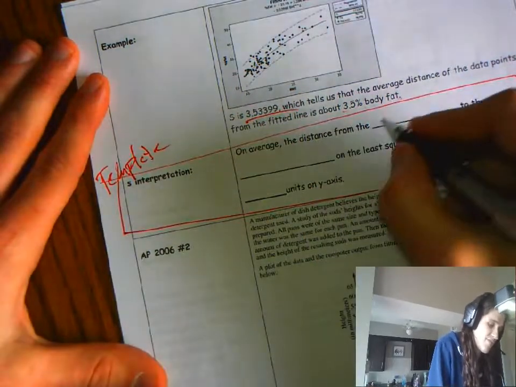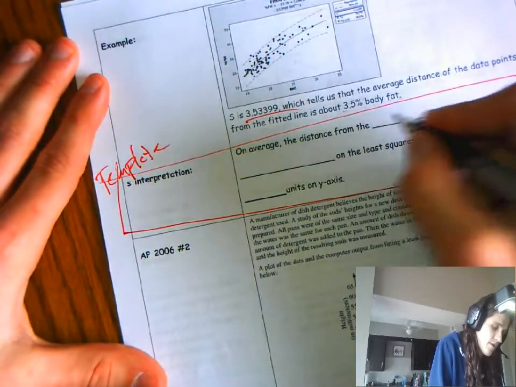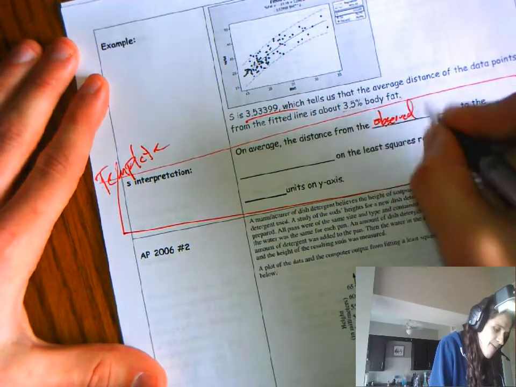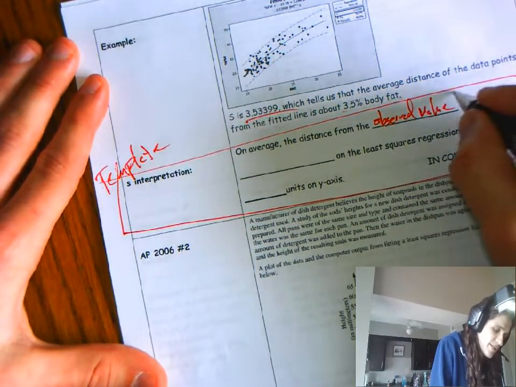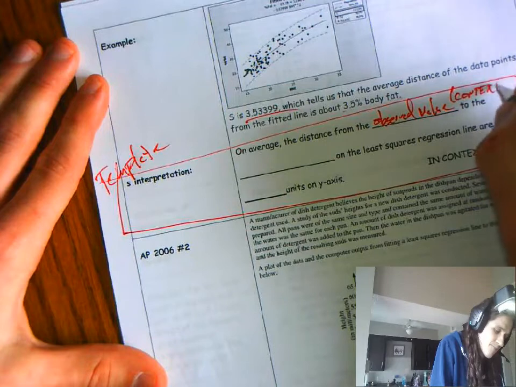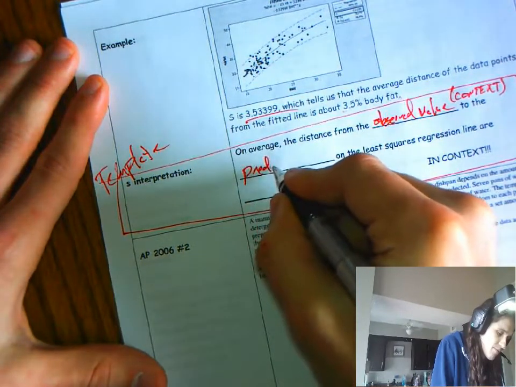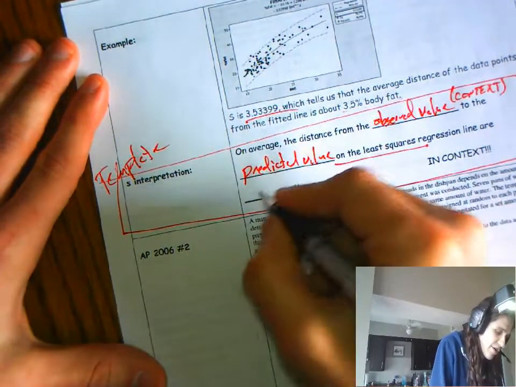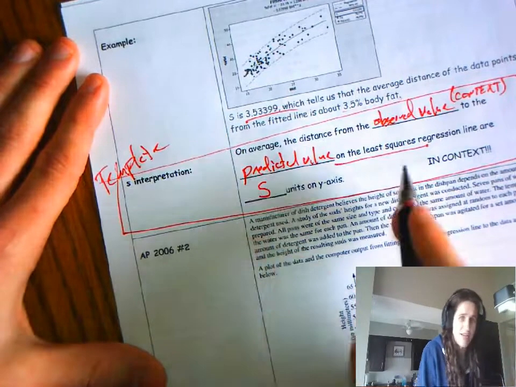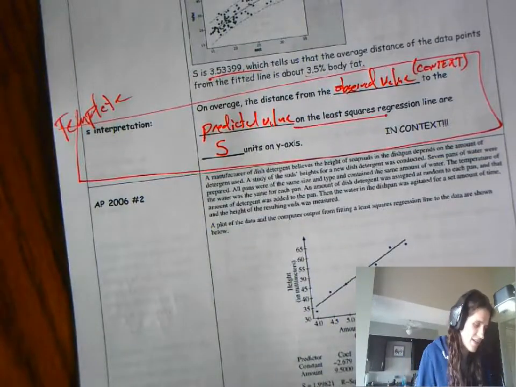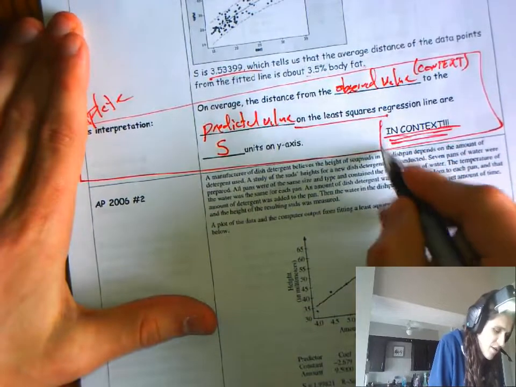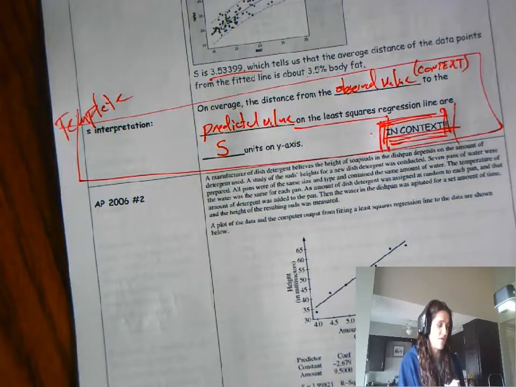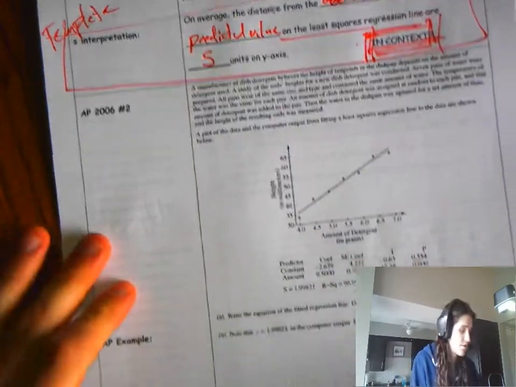On average, the distance from the observed value in context to the predicted value on the least squares regression line is, this is an s, units on the y-axis. And in context, all of this, all the time, is in context. You're going to learn what the interpretation of a slope is, even if you tricked your Algebra 2 teachers into thinking you did.